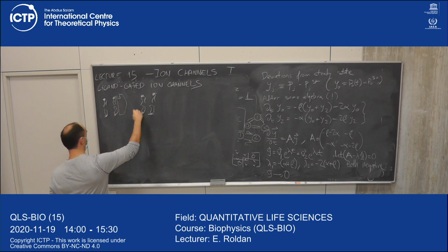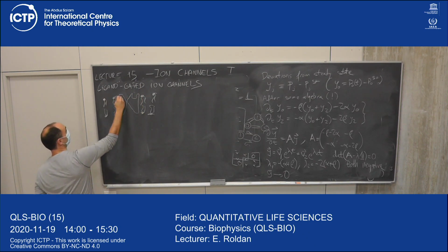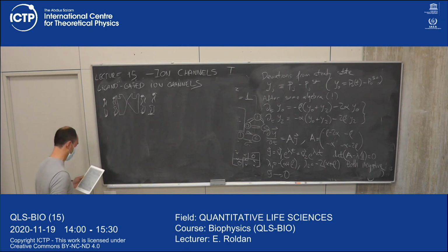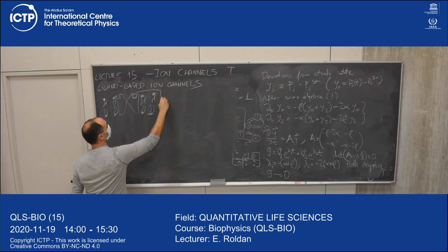So you have an ion channel that has 2 parts. Okay, not so good drawing, but this ion channel is specific binding to ligands, some molecules that can bind here, and this is the neurotransmitter.